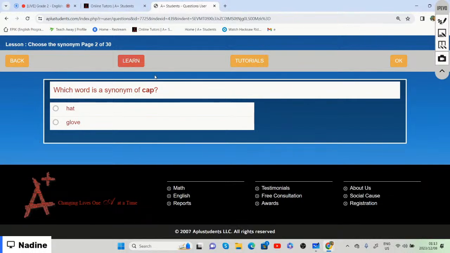So we say the word that is rhyming with cap is hat. And both of these are basically things that you put on your head. So cap and hat, because it's like kind of similar meaning.